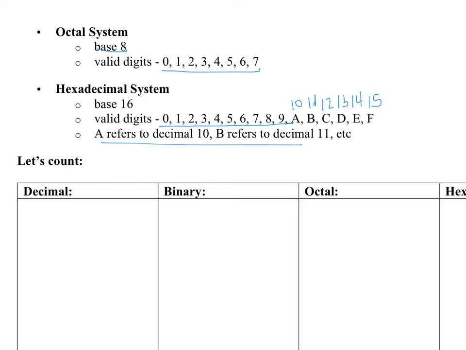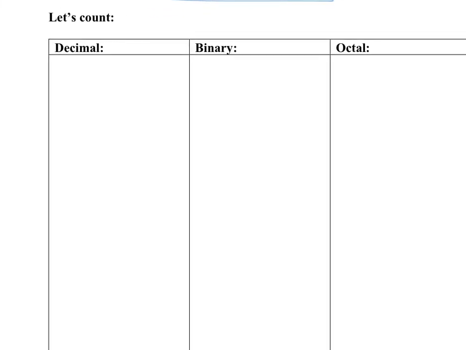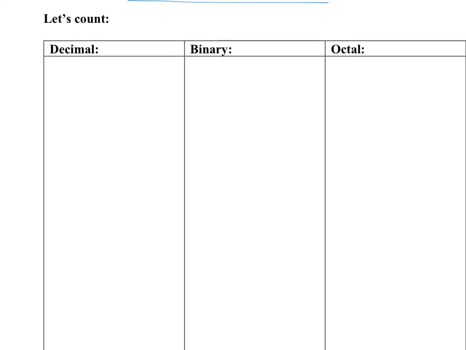All right, so then let's count. Today and tomorrow, in class, when you do the work here, we're going to be counting in different number systems, just so you can get a feel for them. The way I like to think of it is like a clock.